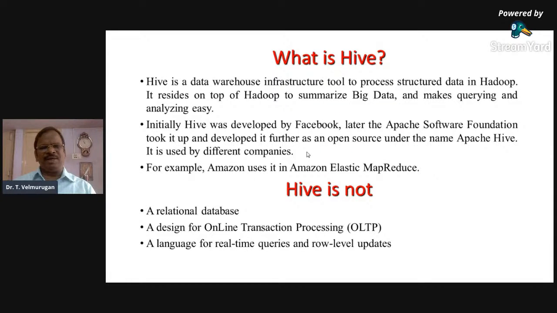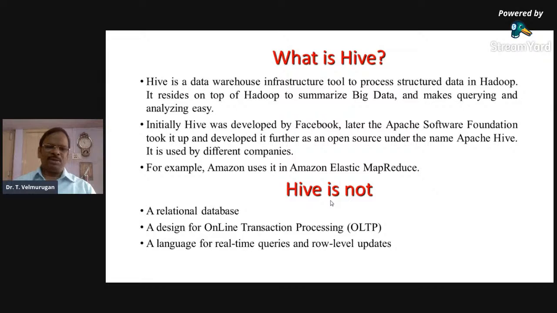Apache Hive is the trade name for the Hive tool. There are different companies producing this Hive language. For example, Amazon produces it under the name Amazon Elastic MapReduce. This is also called Hive query language. But we must also know what Hive is not.